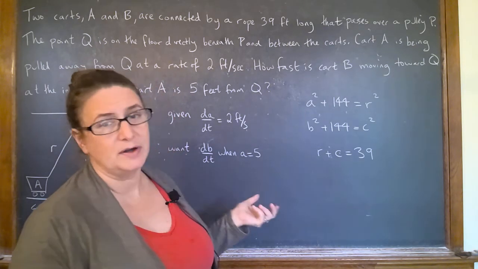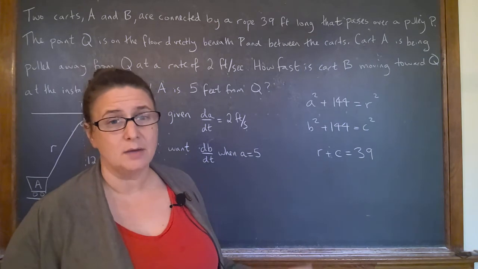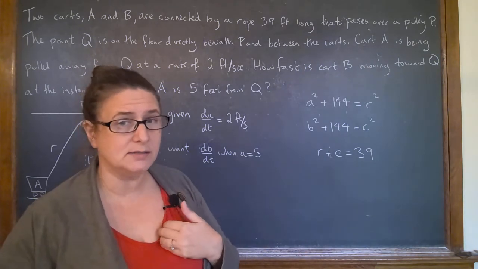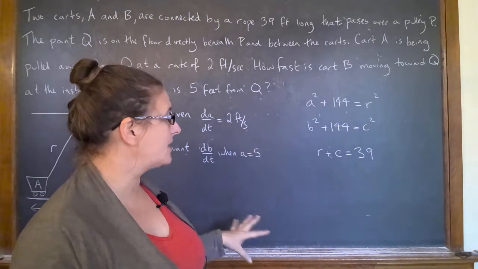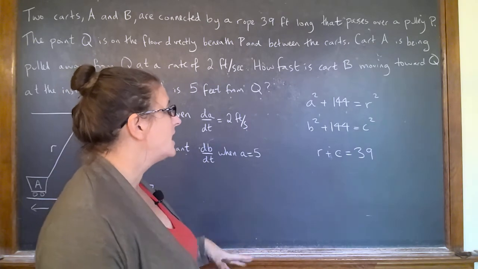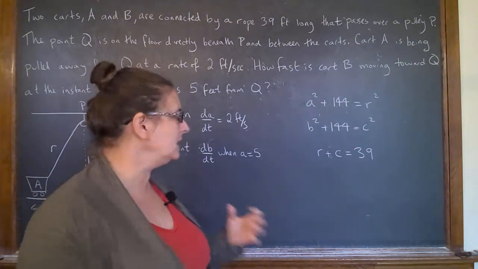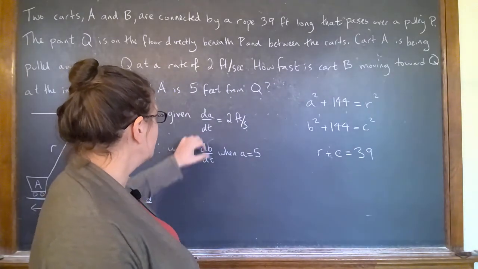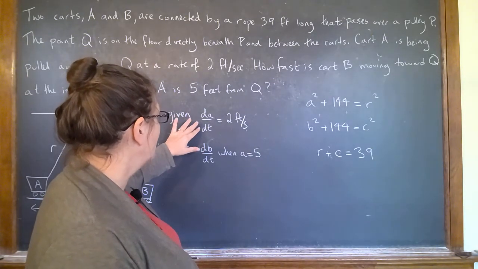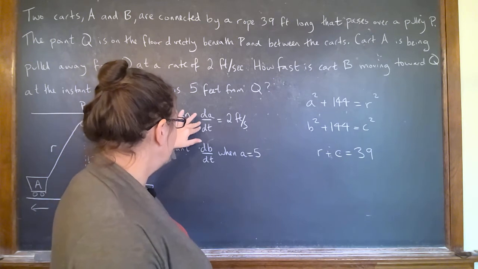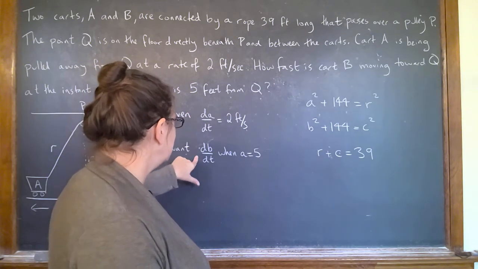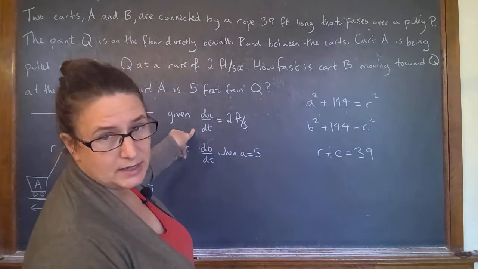There are various ways you can do this, but what I found easiest is to keep them separate first and then move them together. Given the information we have about the rate dA/dt, we need to find dB/dt in terms of dA/dt.